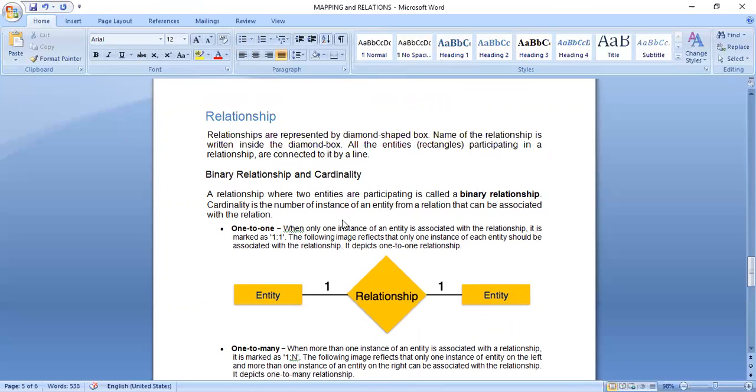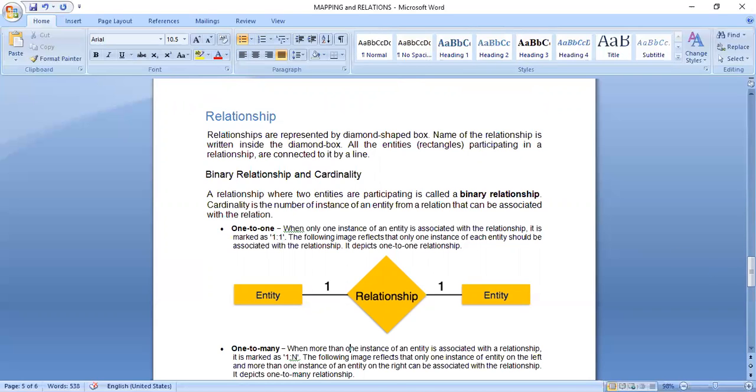Okay, cardinality is the number of instances of an entity from a relation that can be associated with the relation, like one to one, one to many, many to one, and many to many. If it is one to one, the cardinality is defined as 1 is to 1. One entity is participating in relation with another entity.